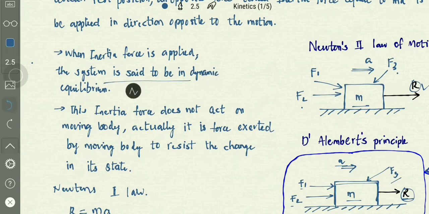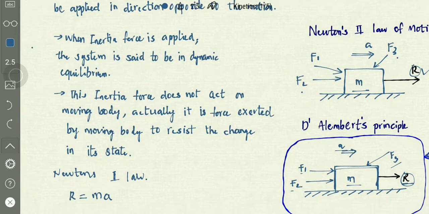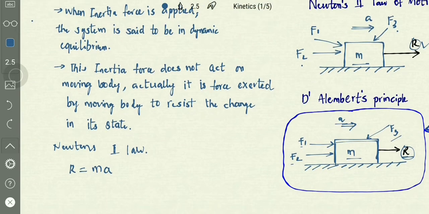It is said to be in dynamic equilibrium because static equilibrium is the one in which the body is in rest position, whereas dynamic equilibrium is the one in which the body is in motion.